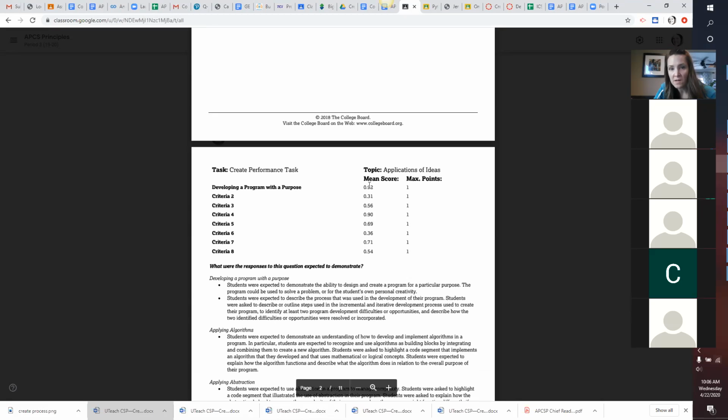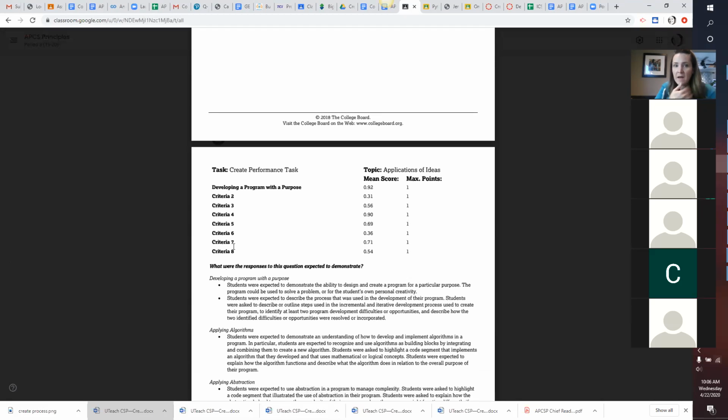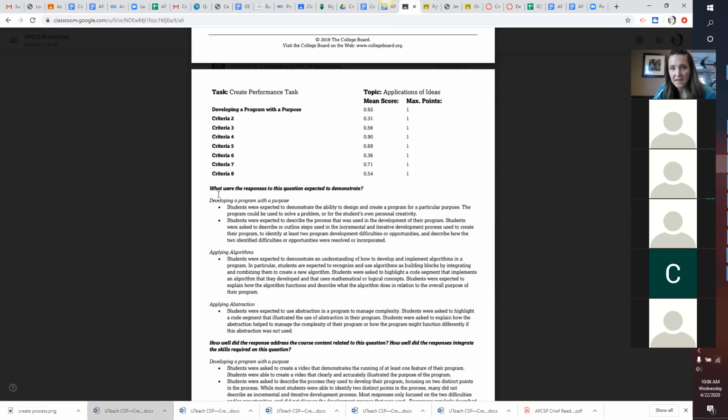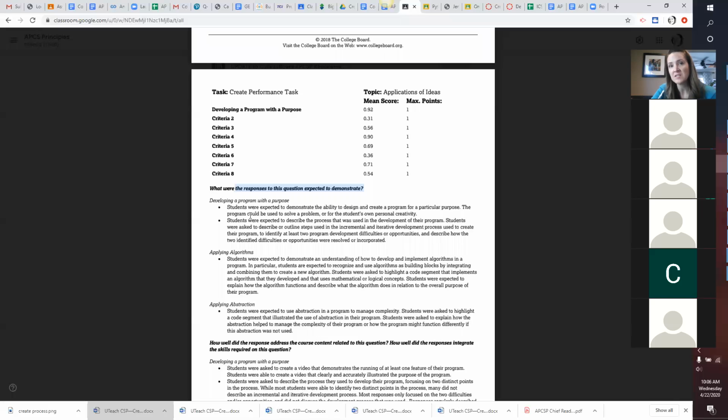These were the scores for the different criteria. Row 1, row 2, row 3, row 4, as we've been talking about. And here are some things like what were the responses to this question expected to demonstrate? Sometimes when they ask the question, you're not really sure how well you have to answer it, and I would encourage you to read this through.